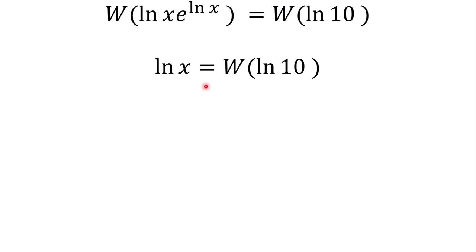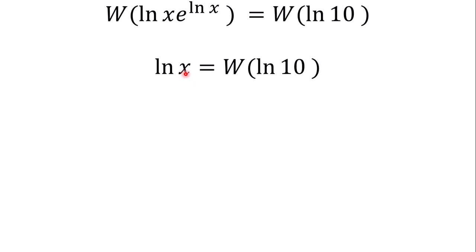Because from the definition of logarithm, this x here can be found. The definition says that log of a number is the index to which the base of the log must be raised to give the number.